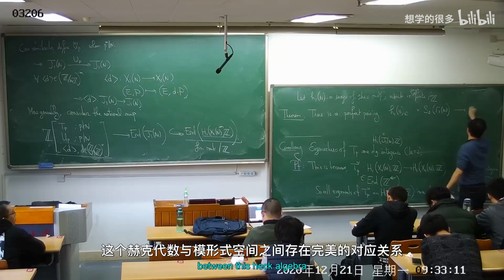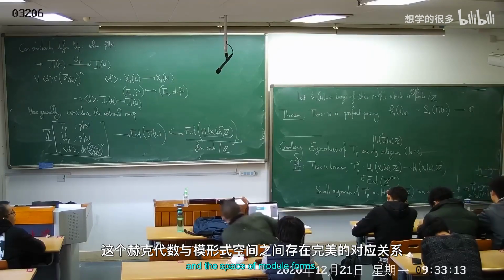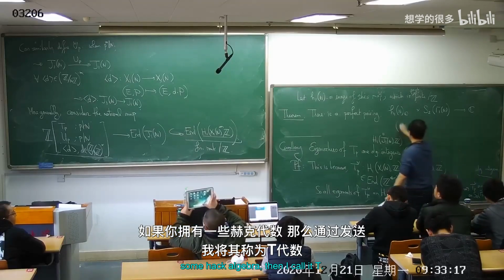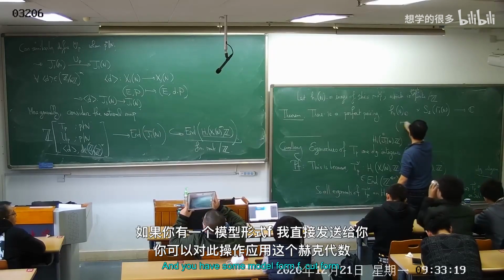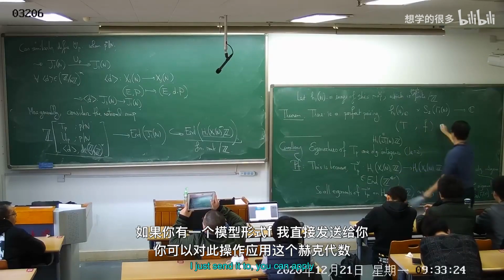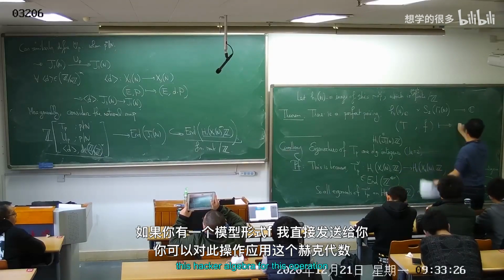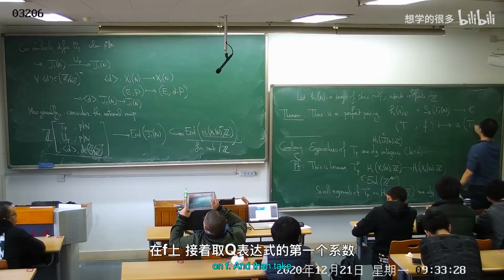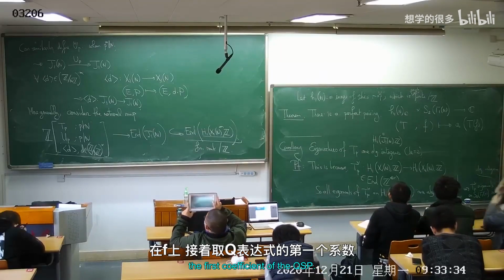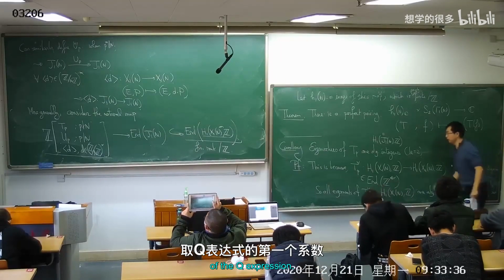There's a perfect pairing between this Hecke algebra and the space of modular forms. If you have some Hecke operator T and some modular form F, a Katz form, I just send it to applying T on F and then taking the first coefficient of the q-expansion.